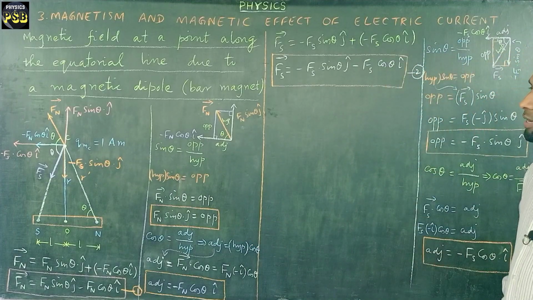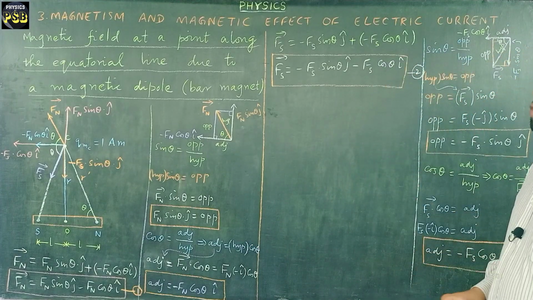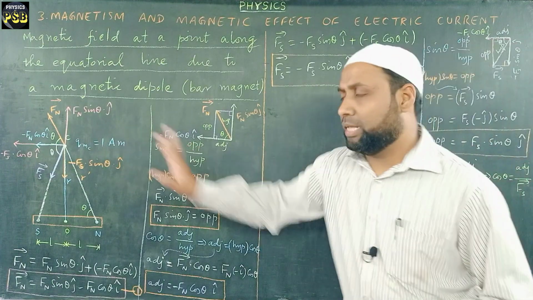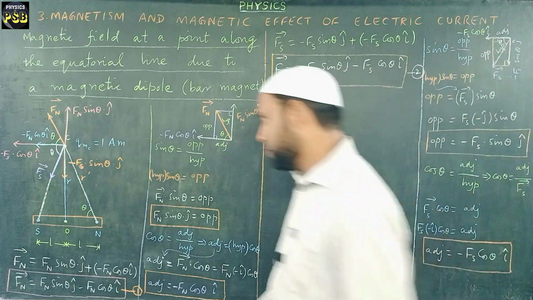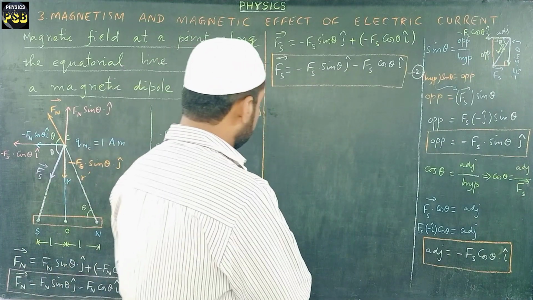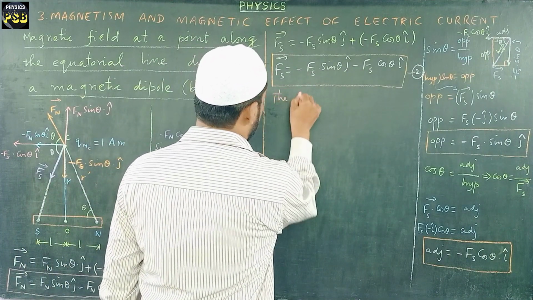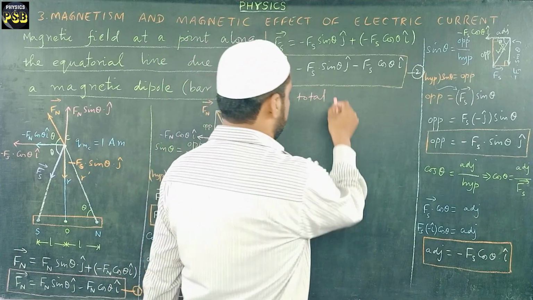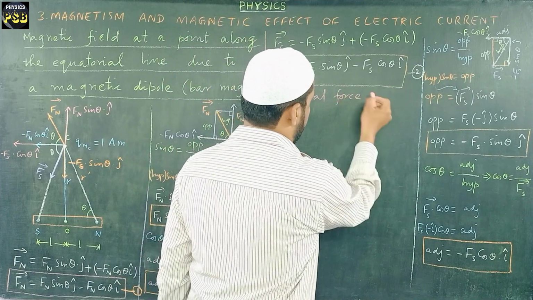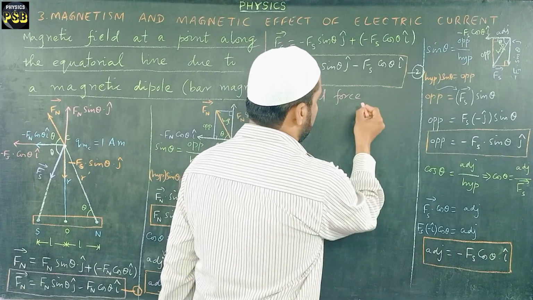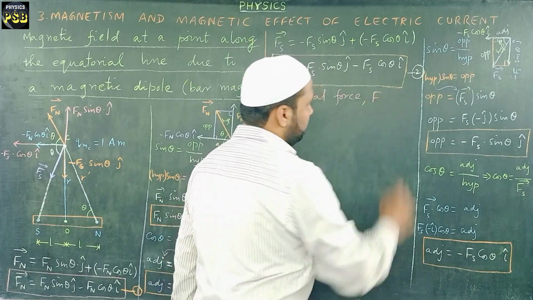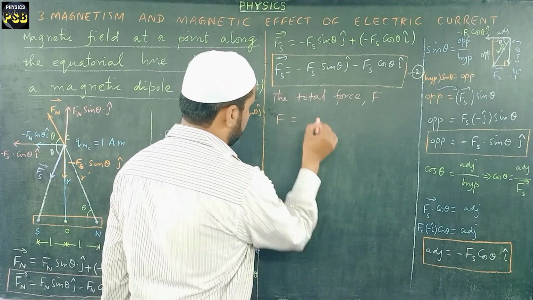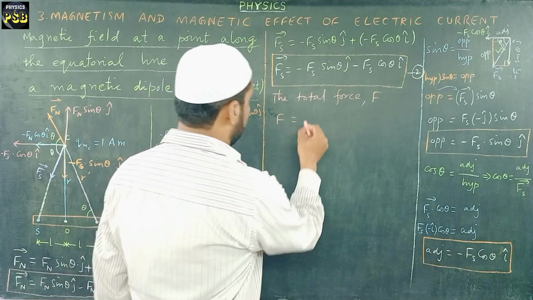So let's go ahead. Now what will be the total force acting on the unit north pole at point C? The total force, or net force, can be nothing but the sum of these two.